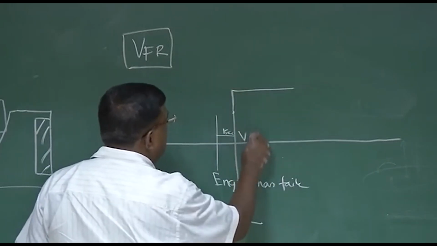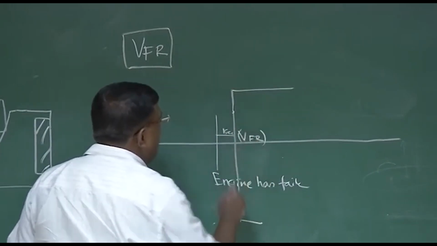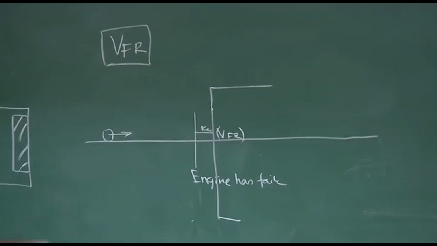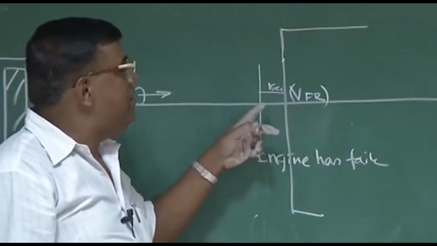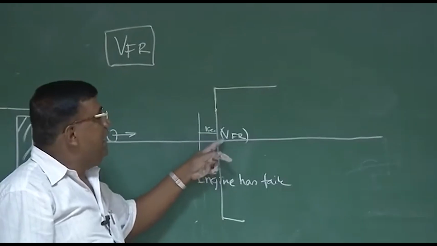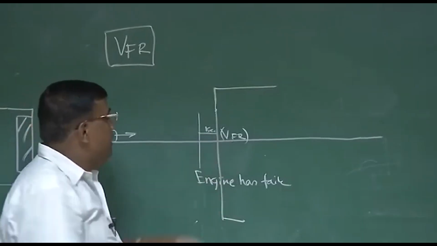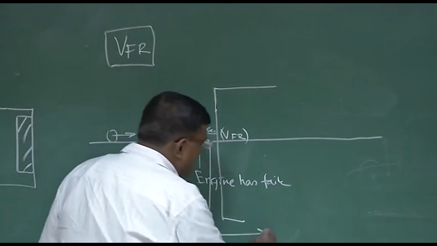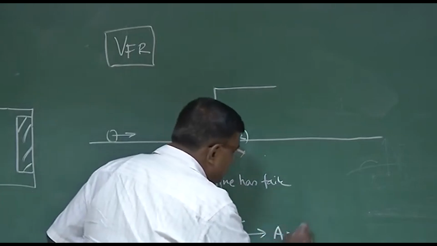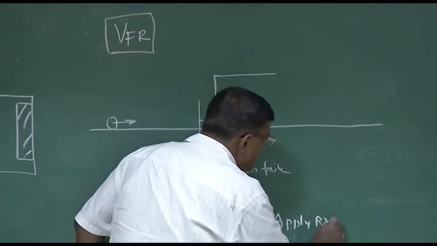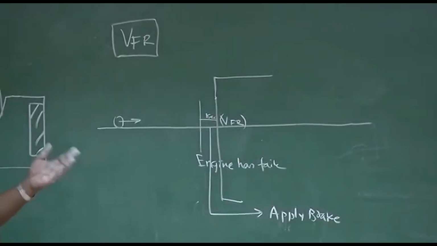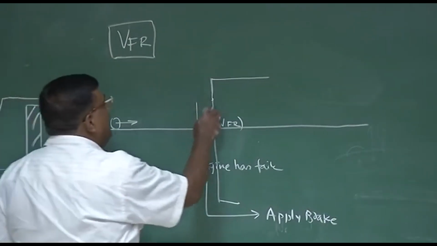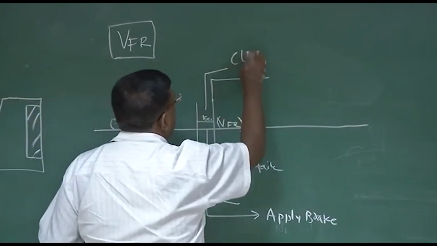If he is given a speed as a guideline, then he checks the speed at which one engine has failed. If it is less than VFR, then simply apply the brake. If it is more than VFR, then go for climb or takeoff.